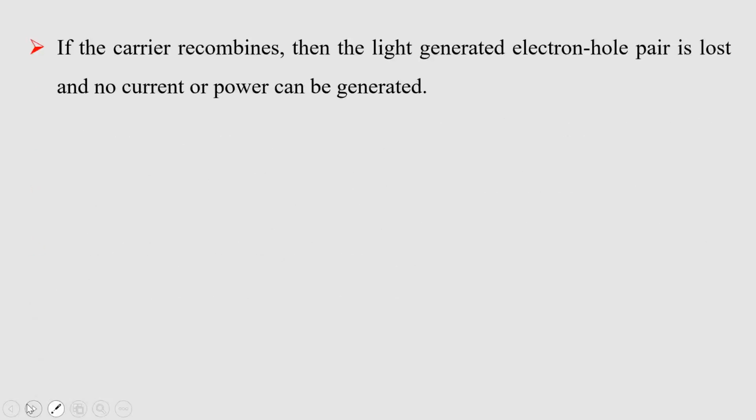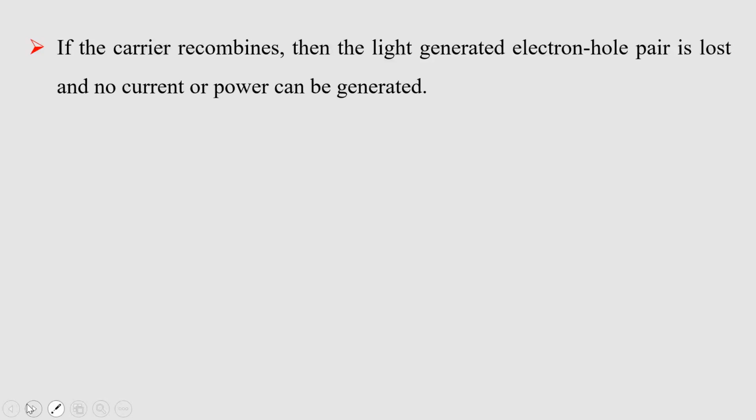If the carrier recombines, then the light generated electron hole pair is lost and no current or power can be generated. It means these carriers are lost, or these carriers recombine.